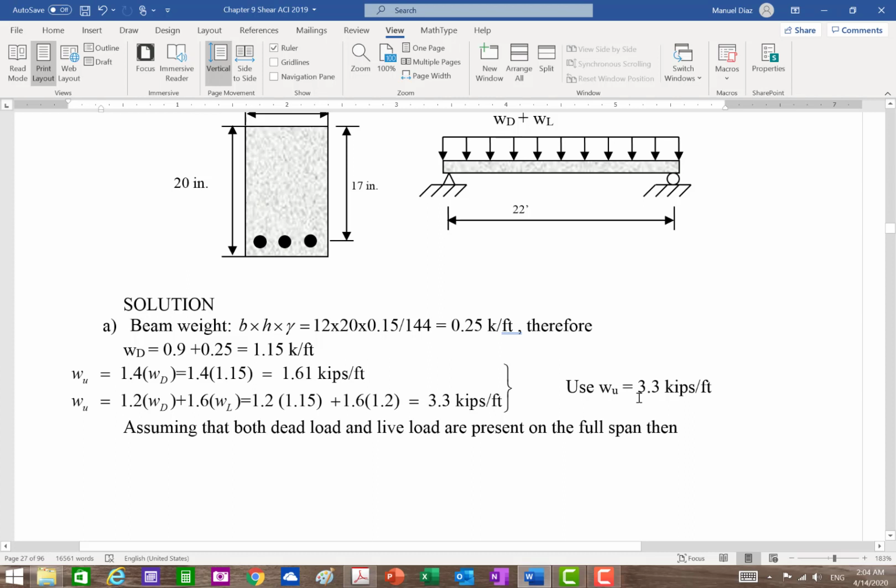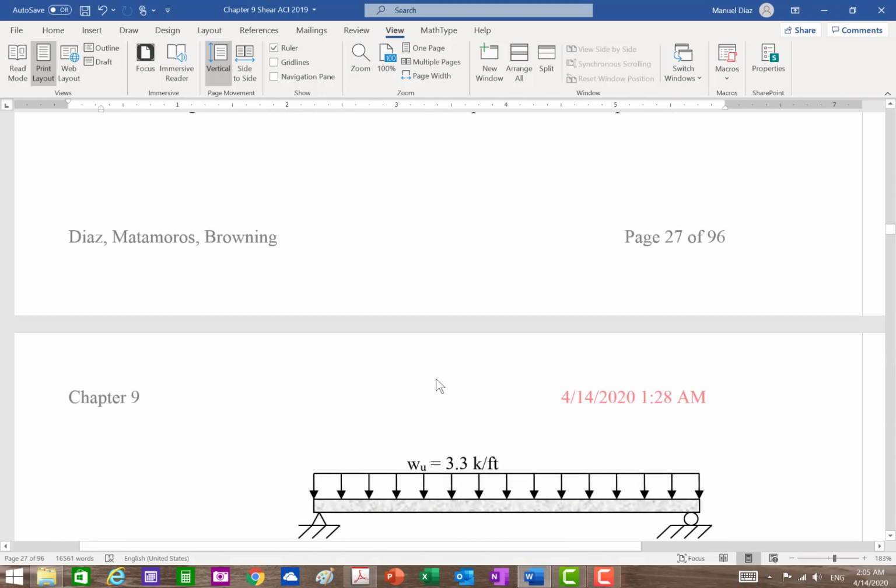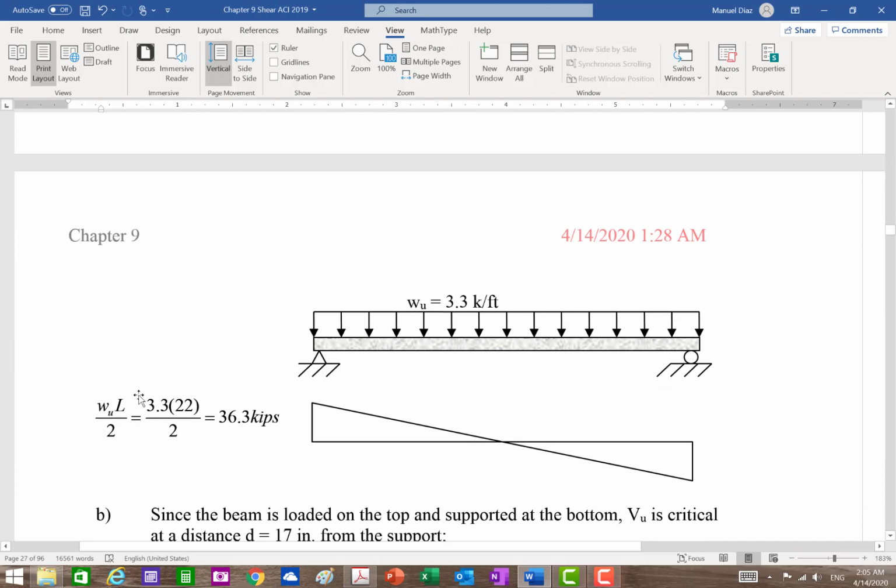In reality, you've been doing your design already, right? You already know your load. You already know your d. That's why I'm giving that to you here. Because that was part of your design. No? So you find your shear. So this is my shear at the reaction here. Now, in this case, the reaction is a shear because it is a simple support, right?